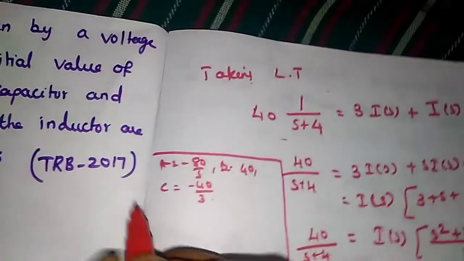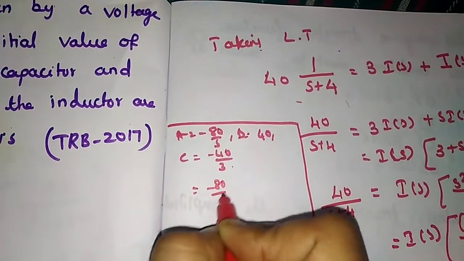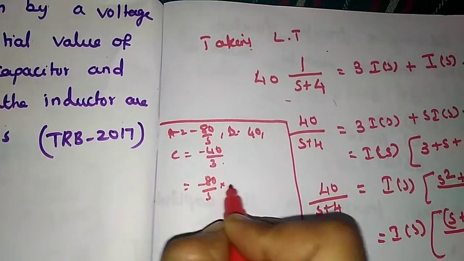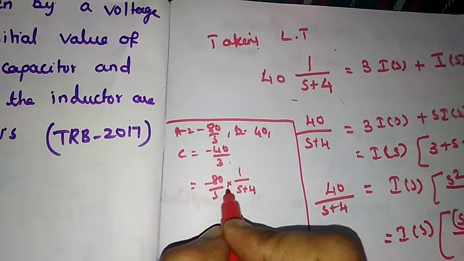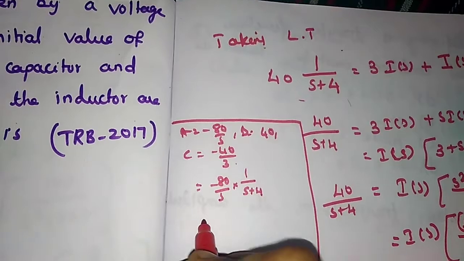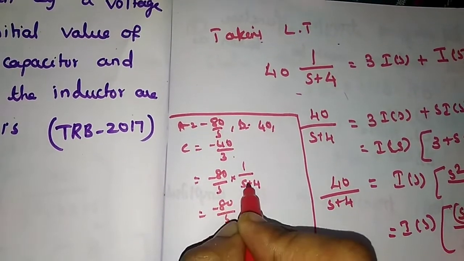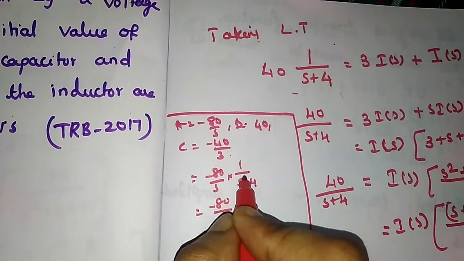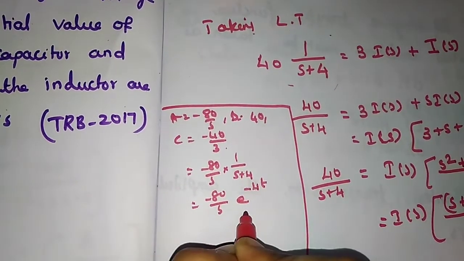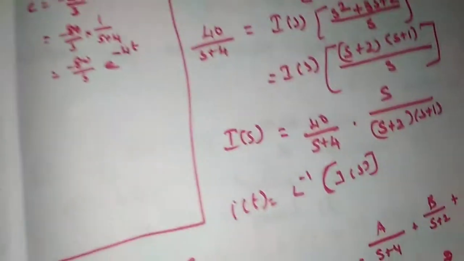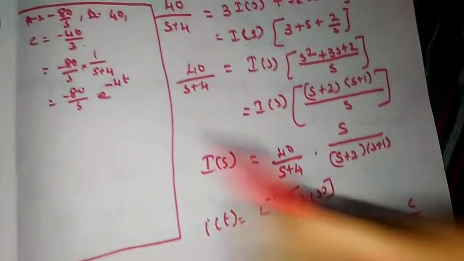So substitute all the values in this equation. We will get minus 80 by 3 into 1 by s plus 4. Taking the Laplace transform of this, we get minus 80 by 3, and we know the formula of 1 by s plus 4, so we will get e^(-4t). Like that we can find the remaining two.